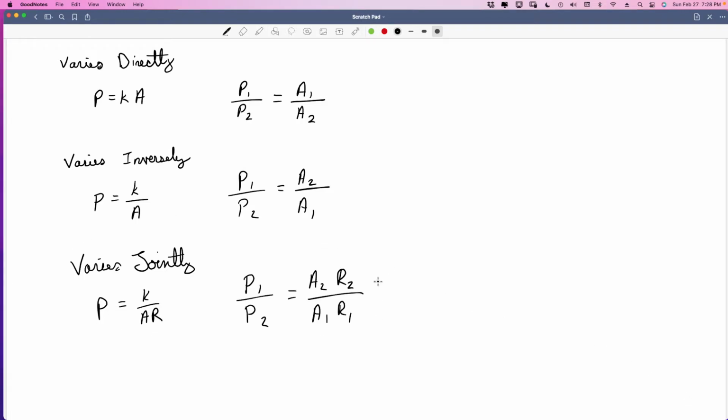You're going to want to write these down, because we could put these together and say P is equal to K times R over A, which would be the same thing as P1 over P2 is equal to A2 R1 over A1 R2, because R is directly related, being on the numerator.